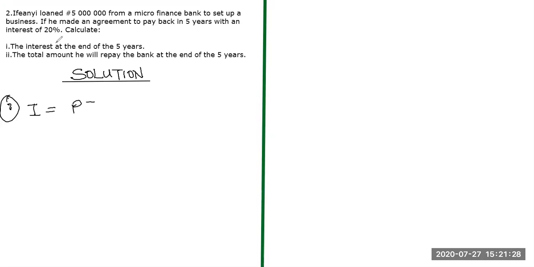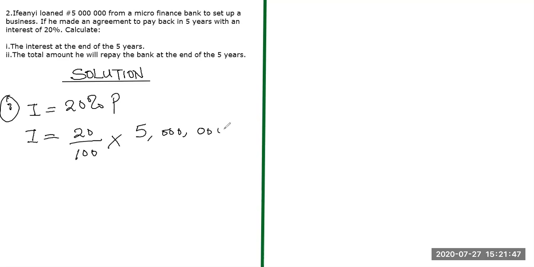So when I say our interest is just 20% of the principal, our interest is equal to 20 over 100 multiplied by the principal, which is 5 million. So we are neglecting the time there because we're not using the 5 years, because it's not simple interest recurrent or simple interest over time.